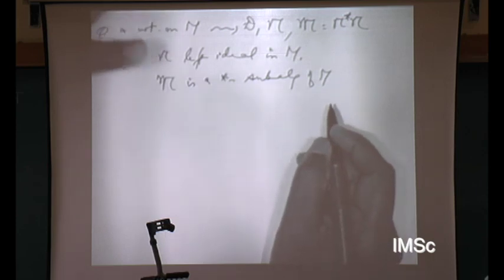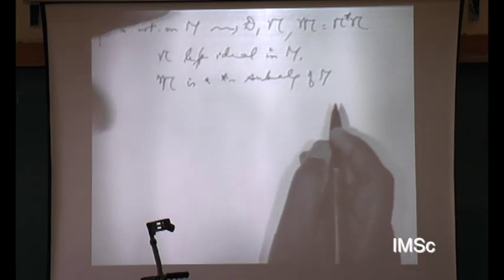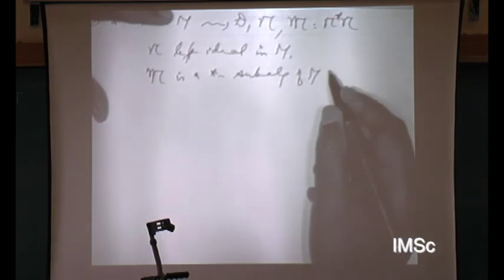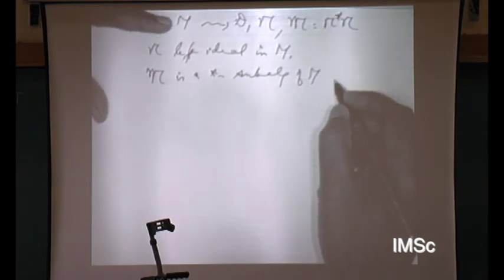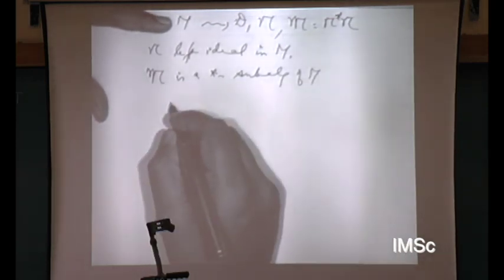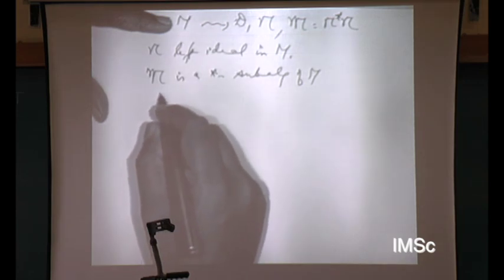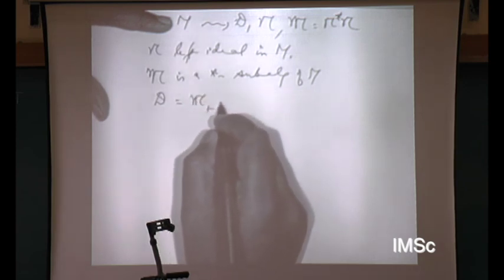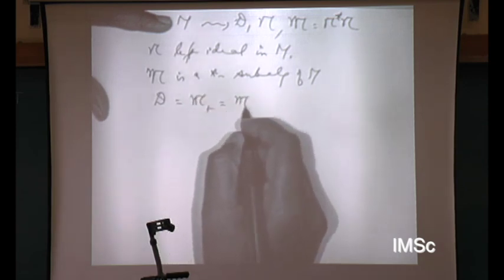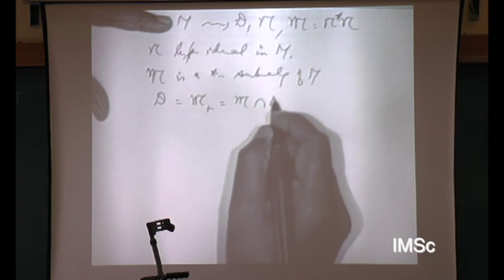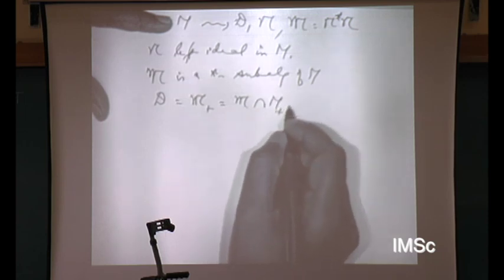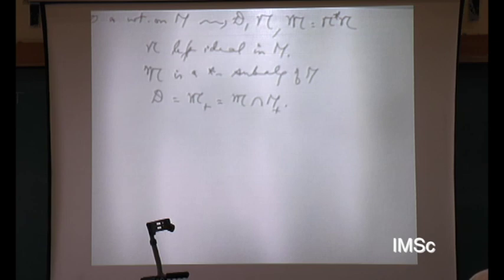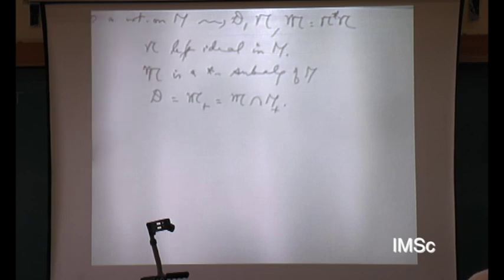This I think we had verified last time. And the next assertion that I wanted to prove was that D equals M plus. The positive elements of this M are precisely D.